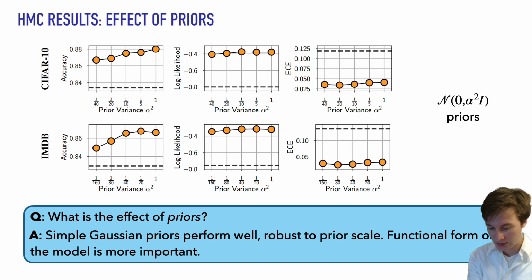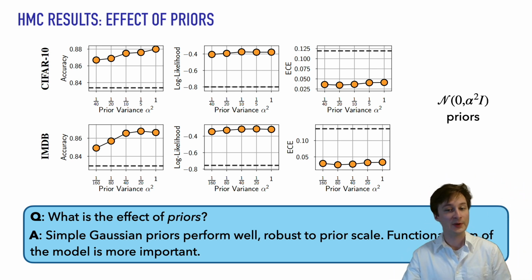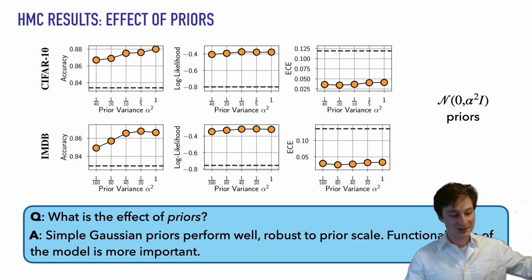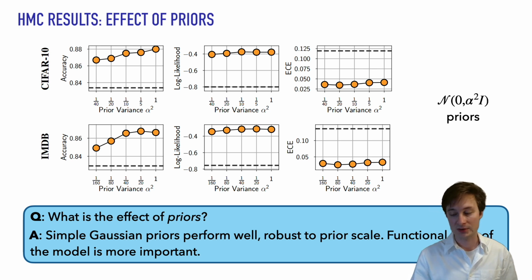This is consistent with the general practice of deep learning, where we use weight decay, and it works well. It is not a very sophisticated regularizer, but it is a very simple thing that works. For the same reason, I think Gaussian priors over the parameters can work well, and you don't need to be extremely careful about setting the prior.